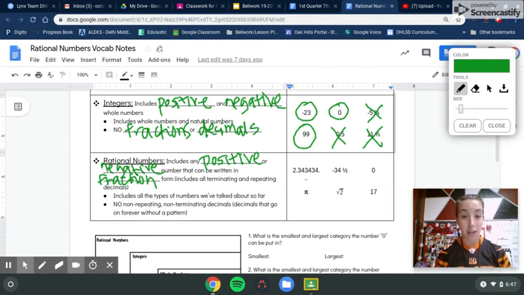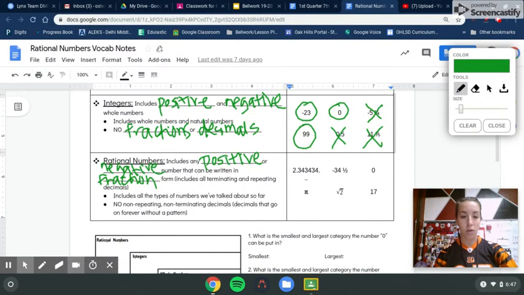So this will include decimals. So that means all terminating and repeating decimals are included because those terminating and repeating decimals can be written as a fraction. So for example, terminating means that it stops. So 0.5, it stops. It's a terminating decimal, and 0.5 can be written as a fraction, as 1/2. So that would be considered a rational number.